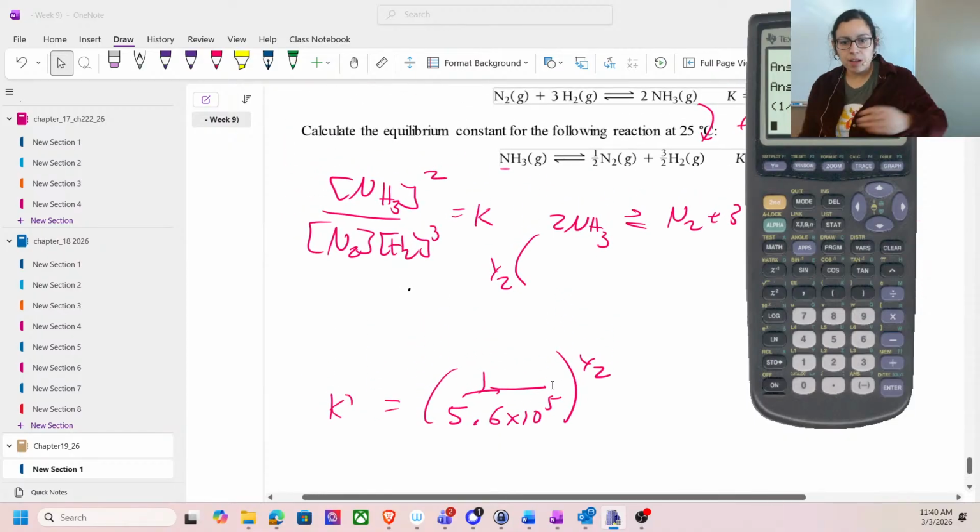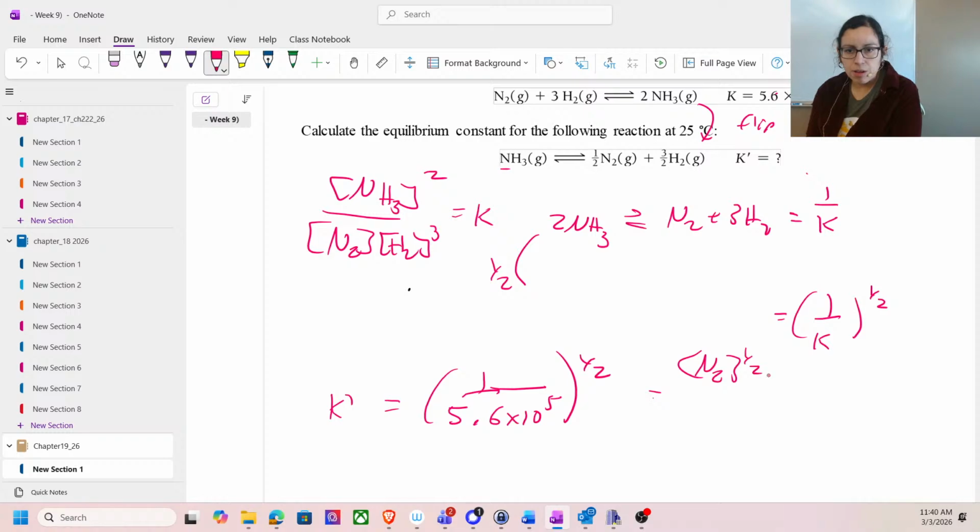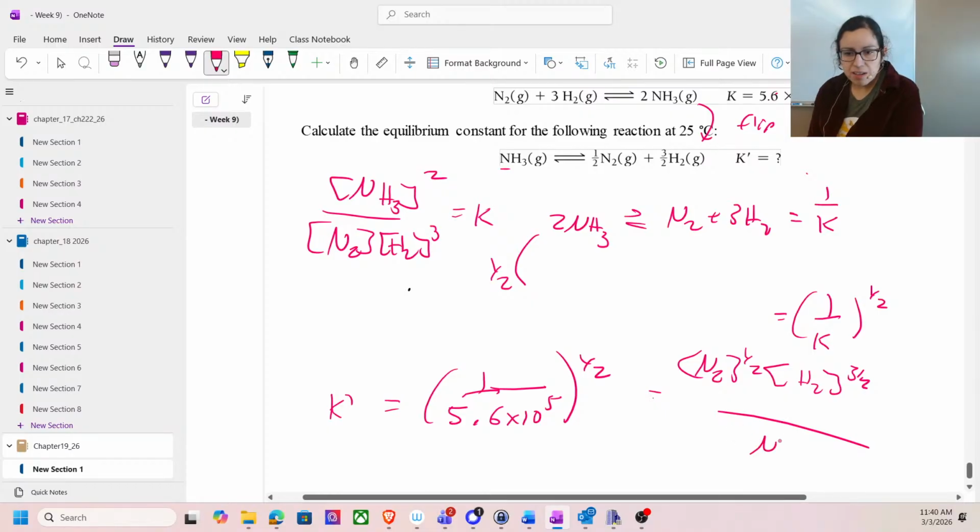And again, this is where you could rewrite it as products over reactants, if it helps you, but I'm not sure that this is as necessary.